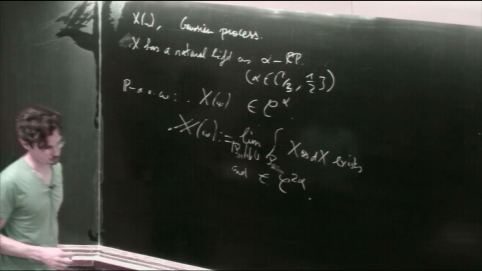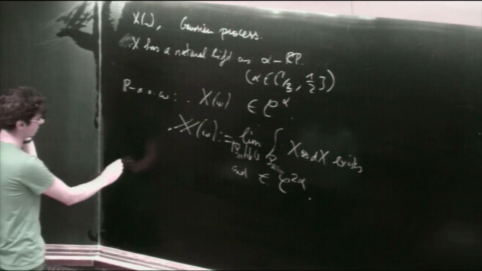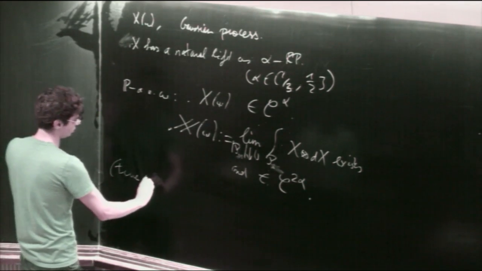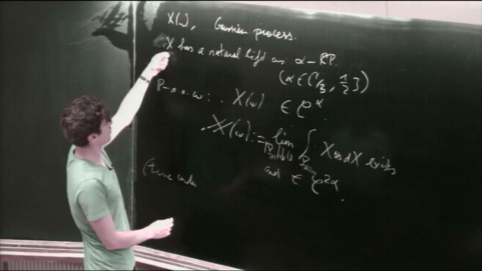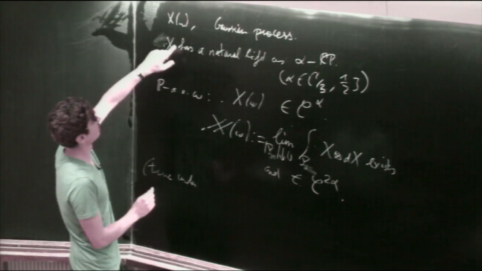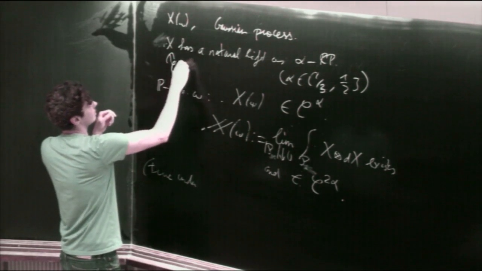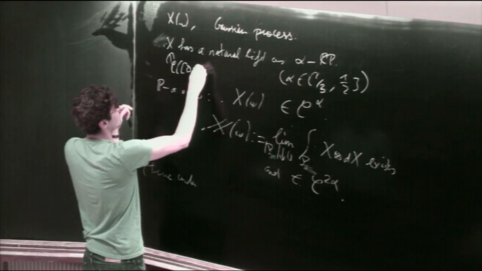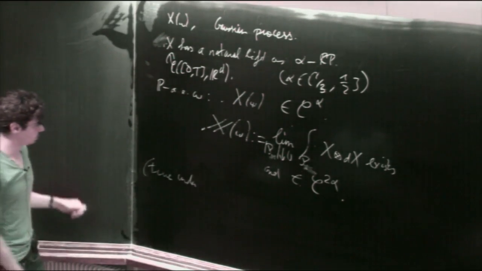And there are some conditions to make sure that this happens, true under some conditions on the covariance of X. And X is still a path, so we are still in this setting where we have something from [0,T] to R^d, a d-dimensional path.